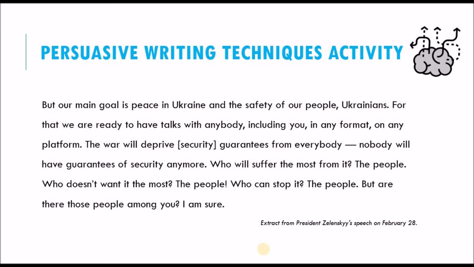The war will deprive (Ukraine of) security..." Just a pause: when you see a word in parentheses, in brackets, it means that the word was not in the original speech, but it is added in the written version for the context of the reader, so the reader can know that this is what the president was referring to when he spoke about deprived guarantees.